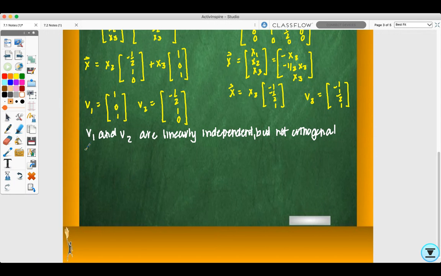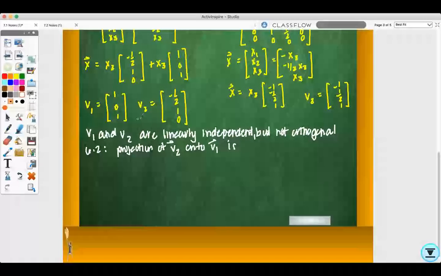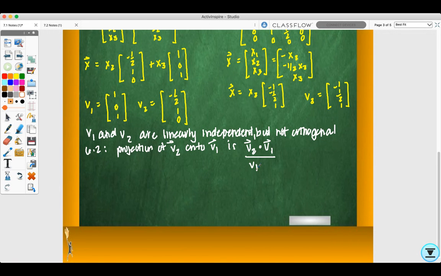And recall from 6.2 that the projection of V2 onto V1 is as follows: V2 dot V1 all over V1 dot V1, times V1.